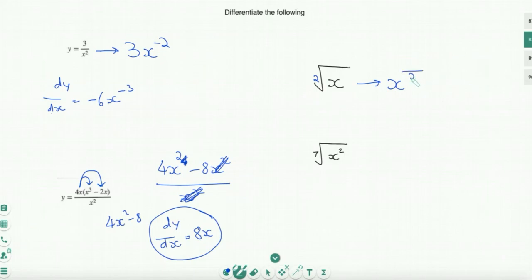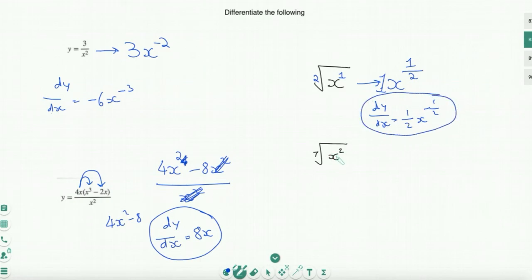Our denominator is 2. And then x is just by itself, so it's just being powered by 1. So square root of x is basically x to the power of 1/2. And now we can just differentiate it. dy over dx. X is just 1x. So 1 times half is half x. And half minus 1 is minus half. And that is your answer.